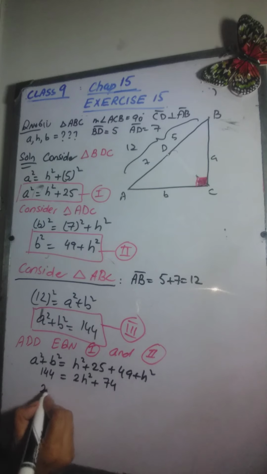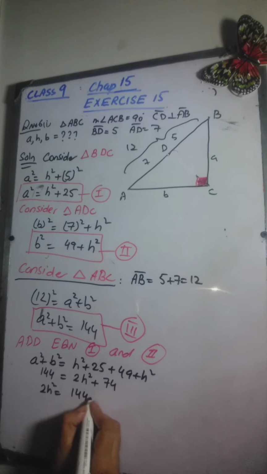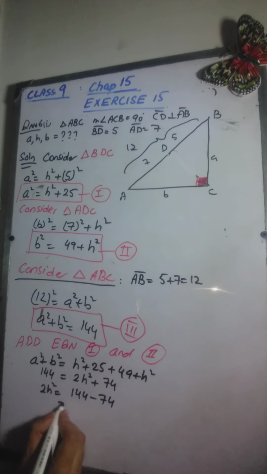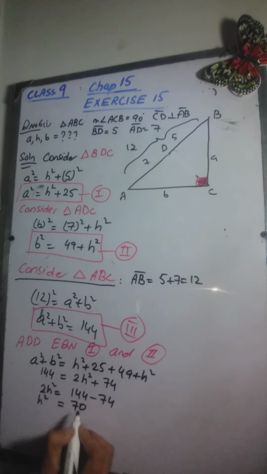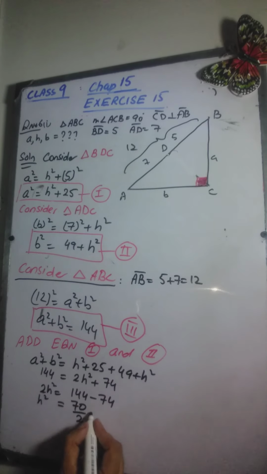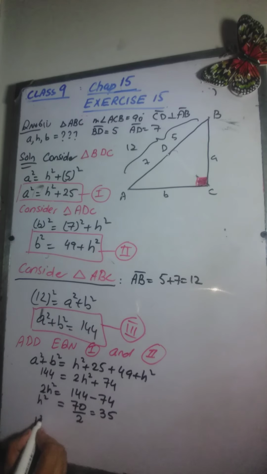From here 2x square will be equal to, shifting 74 to the left hand side, 144 minus 74, which is 70. Shifting this 2 to the right hand side, x square will be 70 by 2, which is 35, and h square will be equal to 35.